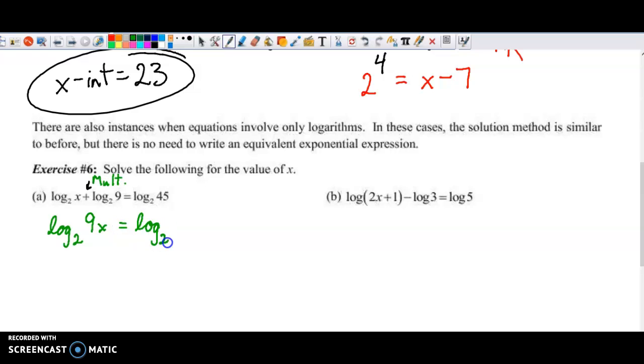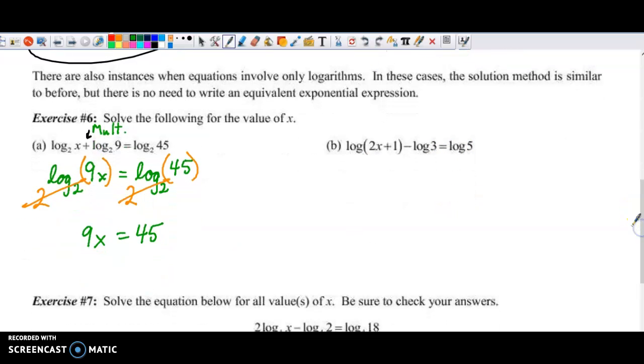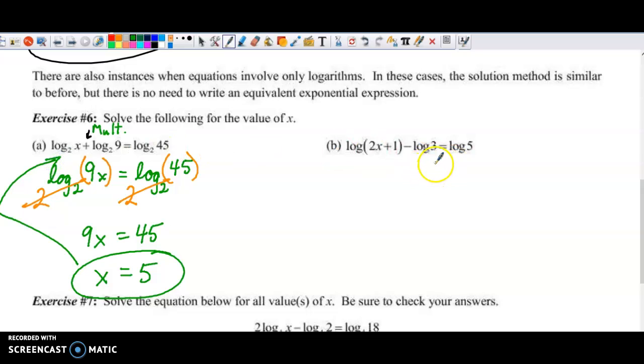The thought process is, if the bases are the same, then the arguments should be the same. Essentially what we're doing is undoing the log form by taking 2 to each power, and that's why we're simply left with 9x is equal to 45. And then at this point you can just divide that 9 over, which I hope you could do in your head, that x equals 5.